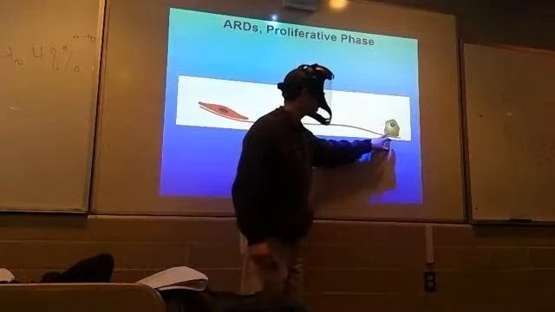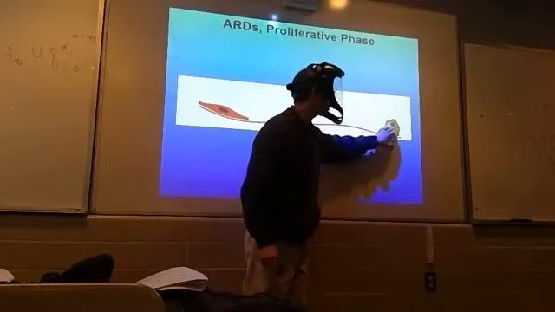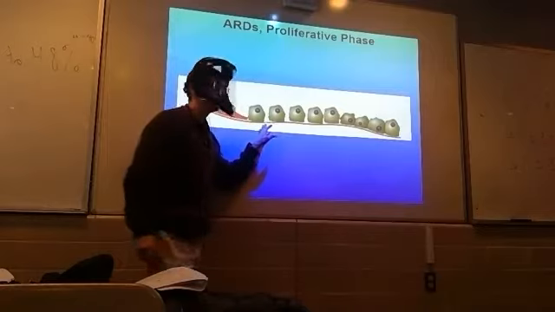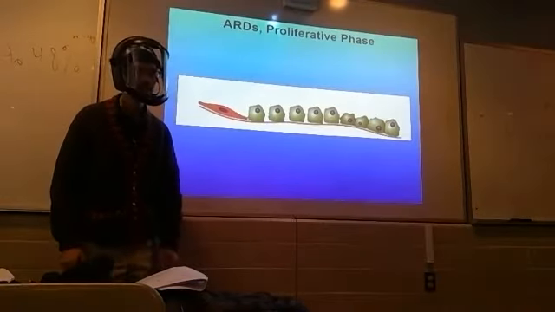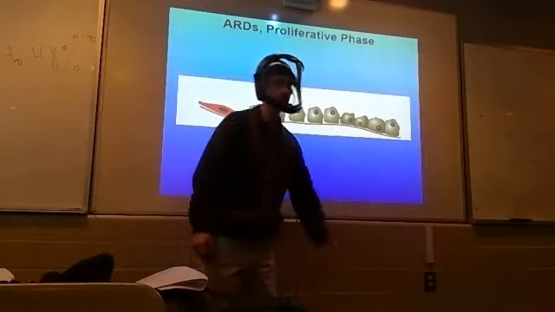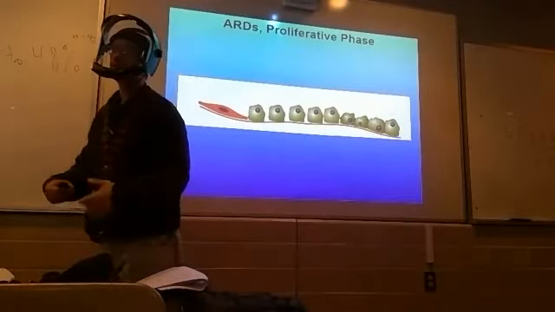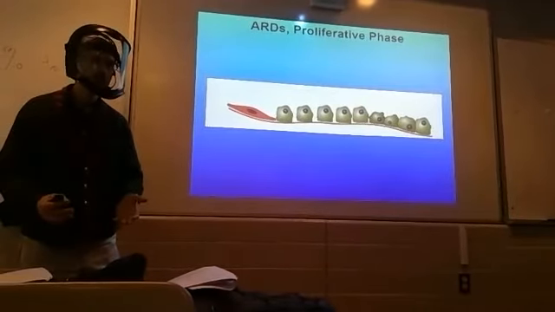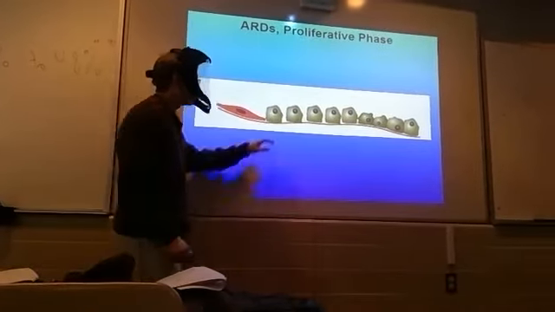Instead, what happens is these bulky type 2 pneumocytes enter into the mitotic cycle and they line the entire wall of the alveolus. Now that creates a nice barrier through which bacteria can't pass, and it restores the integrity of the lungs' defensive mechanisms. But look how bulky they are.